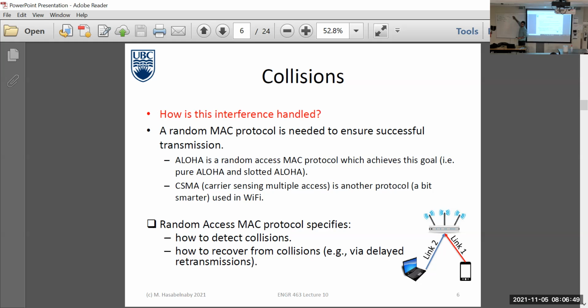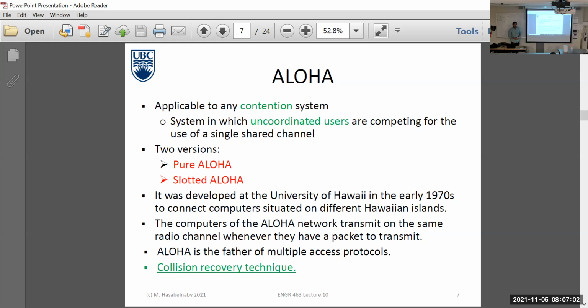The main problem is collisions and how we can overcome this collision, recover or avoid. So the first protocol is ALOHA, and this is the simplest protocol. This is one of the first versions of random access techniques.